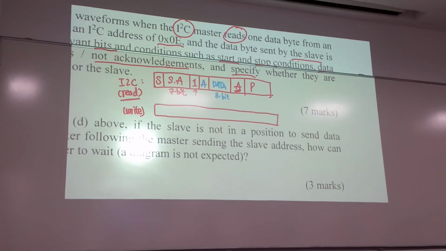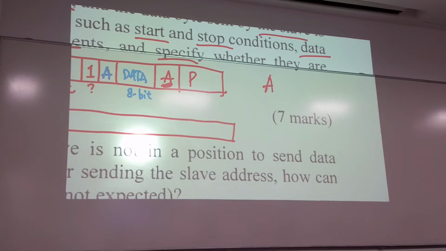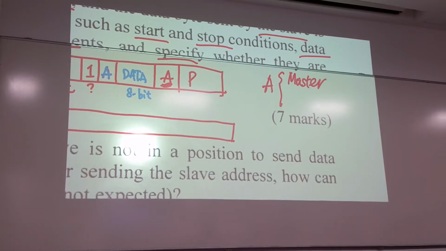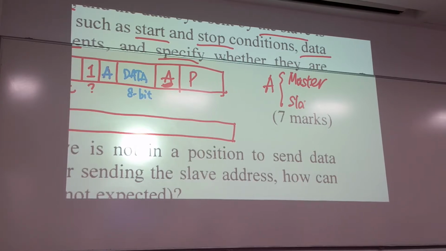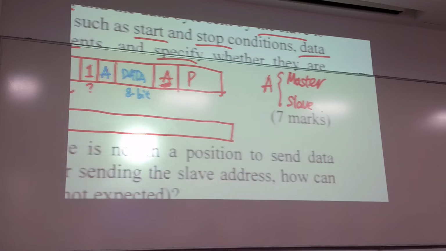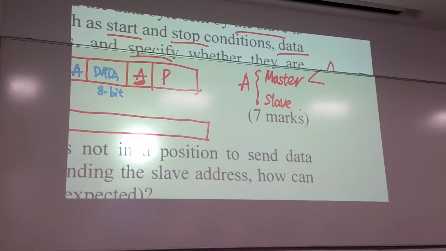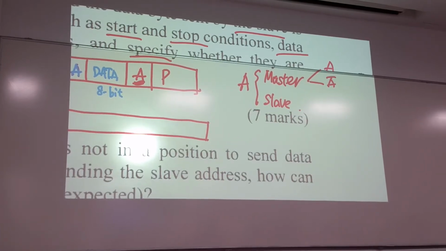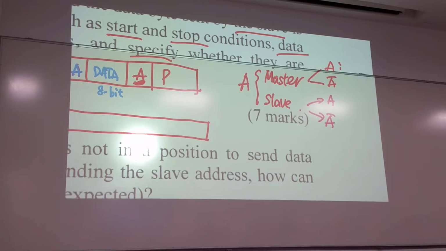So there are different cases. A can be sent by both master and slave. The master can send A or not A, and the slave can also send A or not A. So what's the meaning of this?